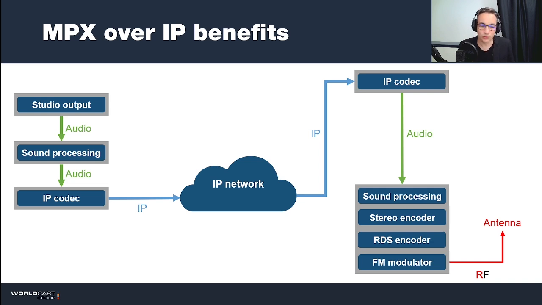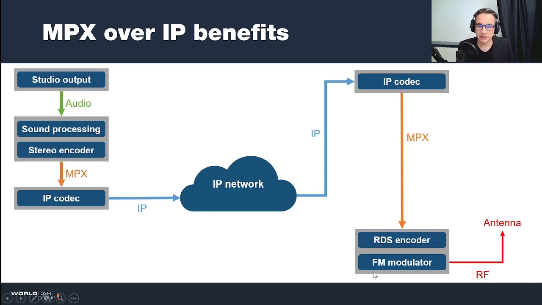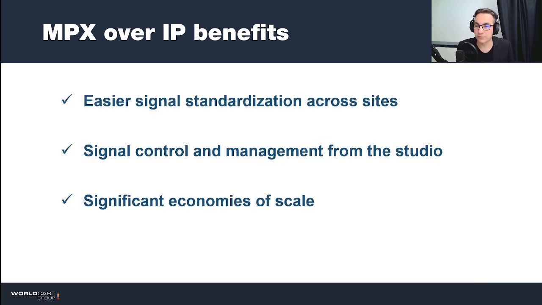Now, if we switch that to MPX, the difference is that the codec must be MPX compatible. And at the transmitter site, we will remove a lot of stages. We will remove the sound processor because it's not audio anymore, it's directly the MPX composite signal. We will also remove the stereo encoder. The stereo encoder is now at the studio, not anymore at the transmitter site. The benefits of such a solution are easier signal standardization across multiple sites and less configuration to be done at the site.